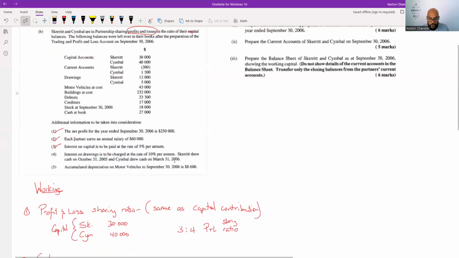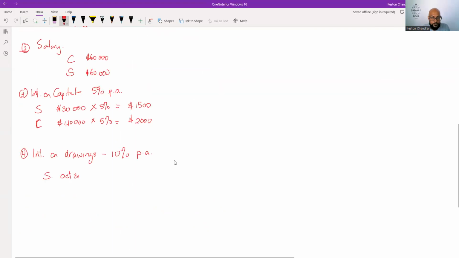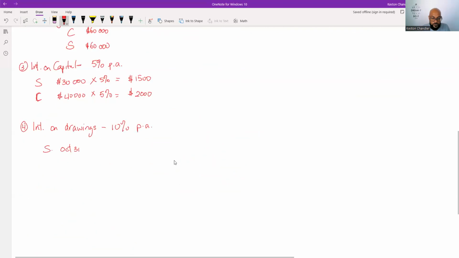Now, Skeritt drew on October 31st, 2005. So we're looking at the months of November to December, right? So 2 out of 12 months.